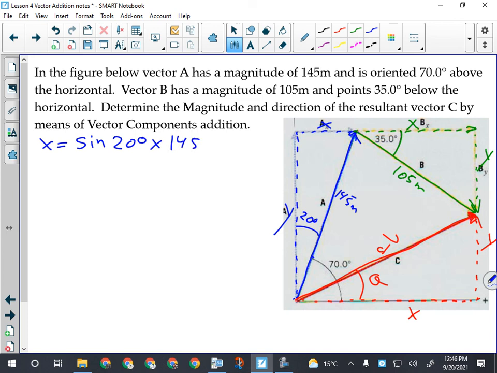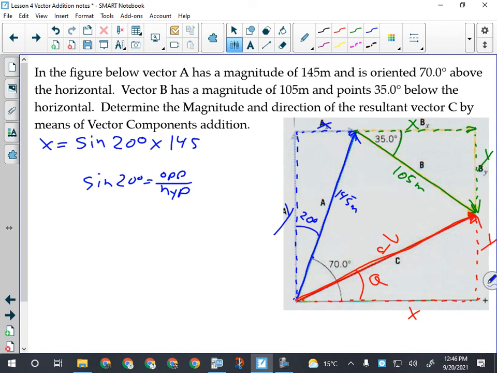So you know where I got that from, because I did skip this step. The sine of 20 degrees equals the opposite side divided by the hypotenuse. All I did was move hypotenuse over to this side to isolate the opposite side. X is the opposite side. So this is just already manipulated.